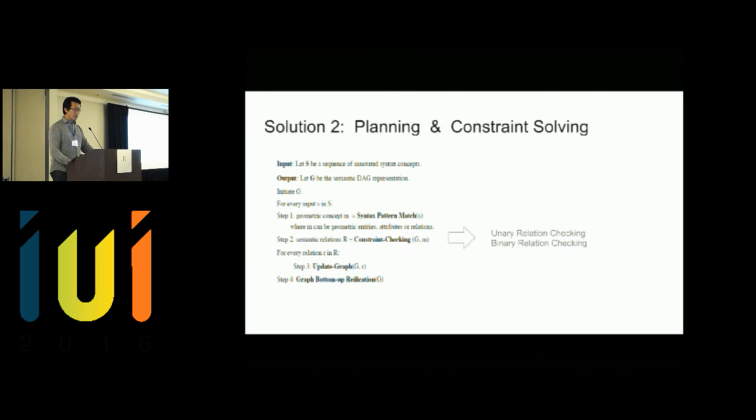In order to solve this problem, we map how we do the cognitive reasoning into a corresponding high-level pipeline or algorithm. We first do the syntax match, or pattern match, to generate the corresponding geometric concepts. In the second step, which is most important, we do the constraint checking to make sure that, for the current input tag, we see if any relation exists upon the DAG.